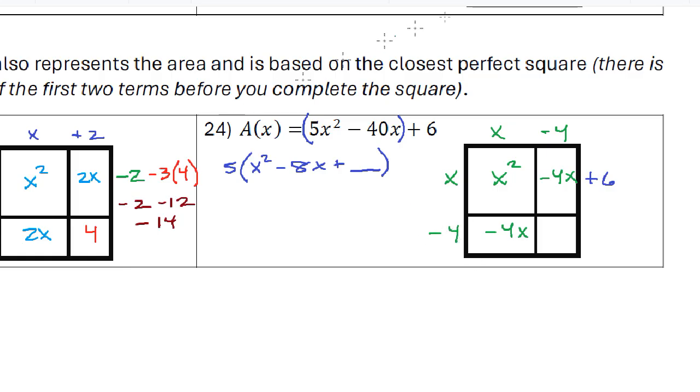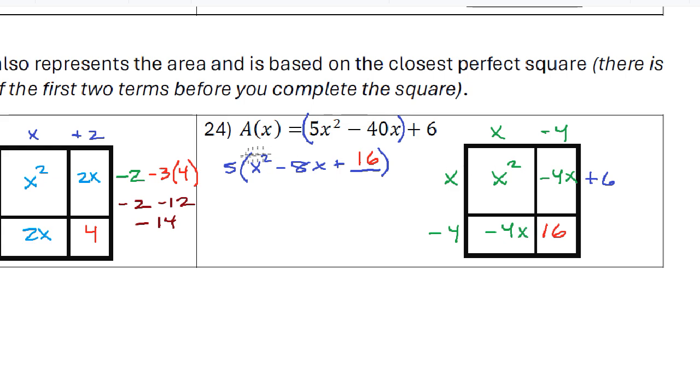And now what you've done so far, class, is you've actually written this equation, 5 times x squared minus 8x. We got to figure out what number do we have to add to this. Now we're actually modifying our equation. We're going to say negative 4 times negative 4 is 16. That means we are adding 16 to this square block. And if we add 16, we have to subtract 16.